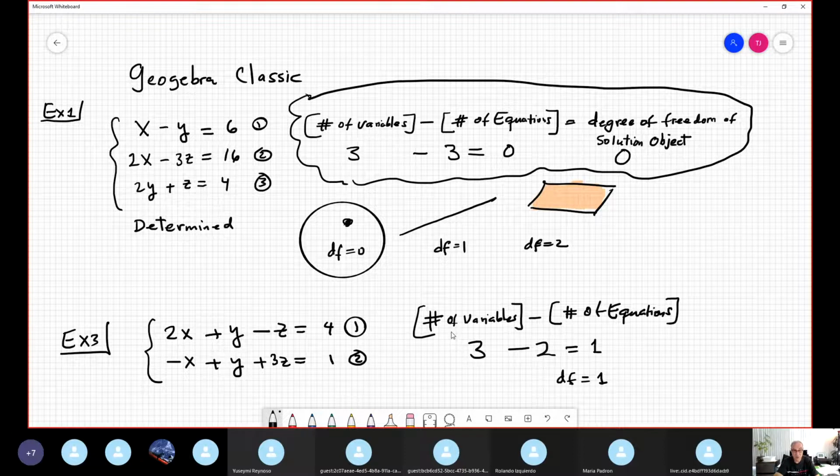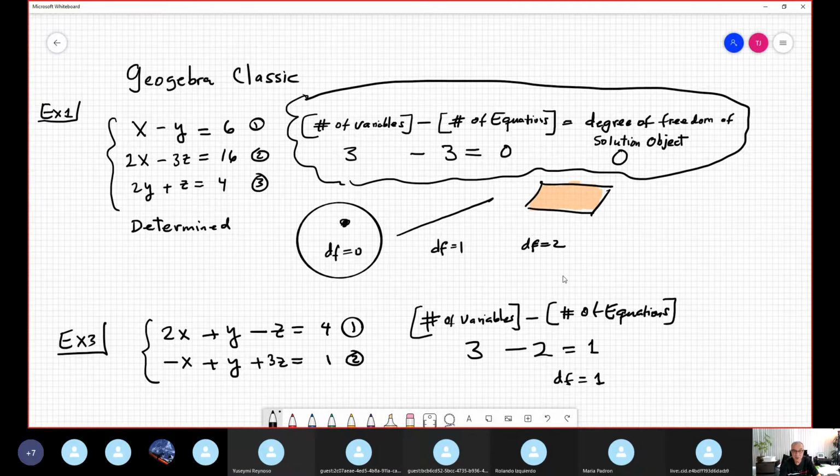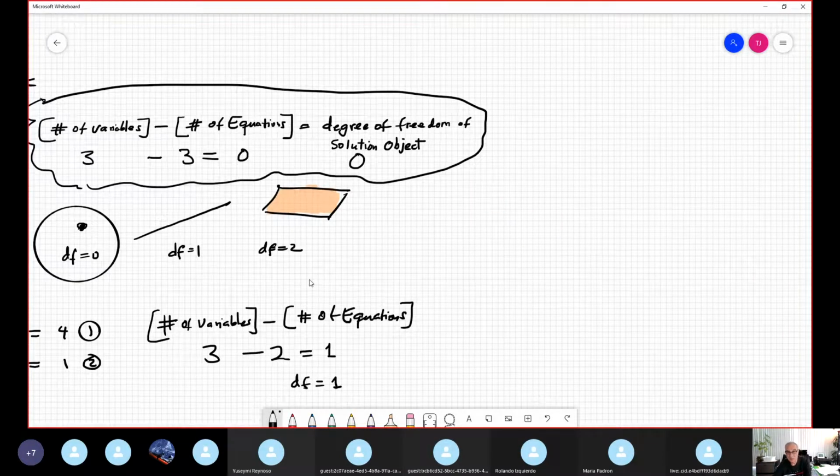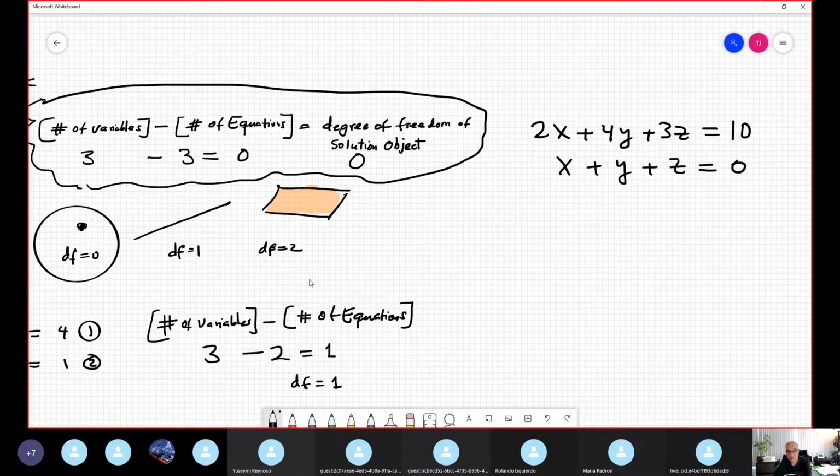Suppose that we have one equation that is dependent on another equation. Do you remember dependence? Suppose a simple equation like that. Suppose you have 2x plus 4y plus 3z equal 10, and this equation, 2x plus y plus z equals 0, and, for example, 4x plus 8y plus 6z equal 20.